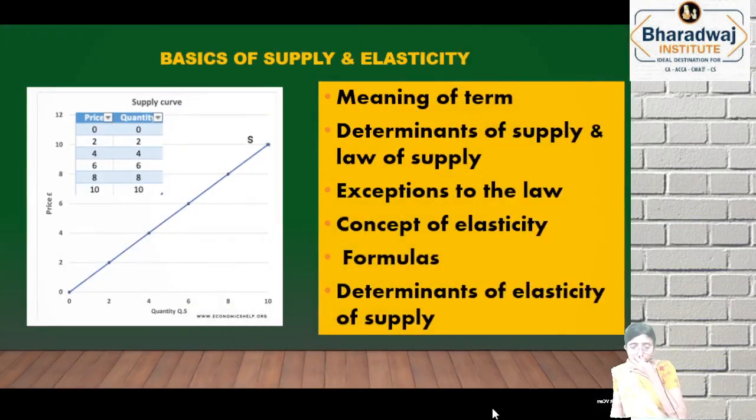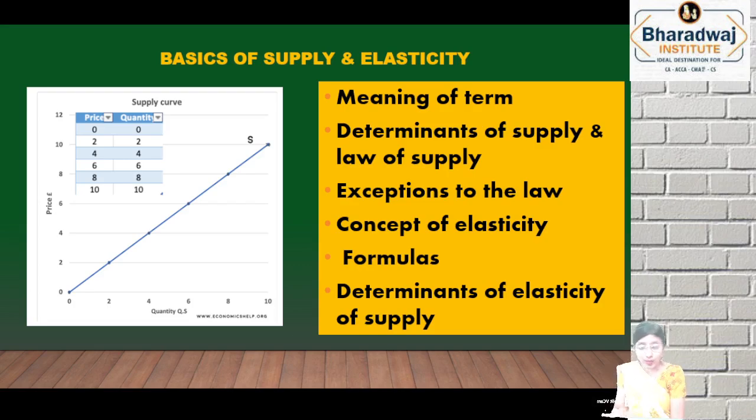Now come to this part. Please understand, the meaning of the term supply itself is a big, controversial term, because economic parlance is a little different from the common man's easy usage. Supply cannot be used in that way in economic parlance, so they will test you on that component. And determinants, both of the law of supply and supply, the same.